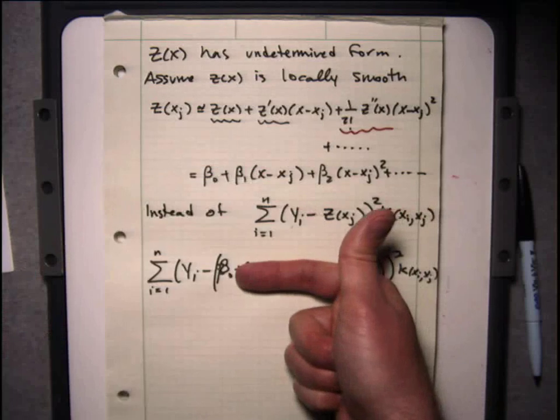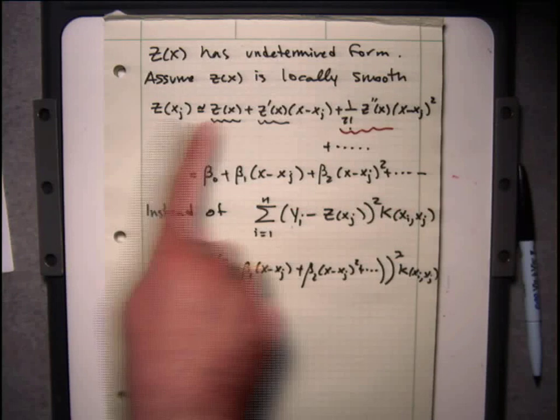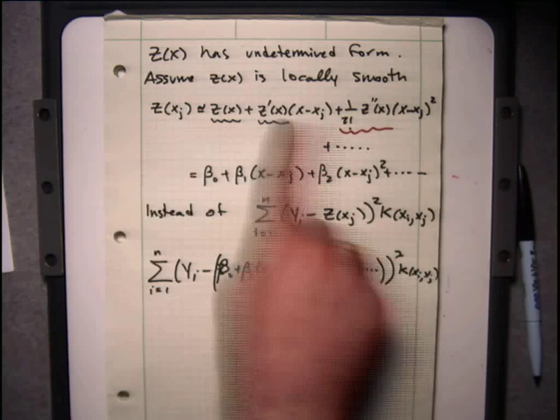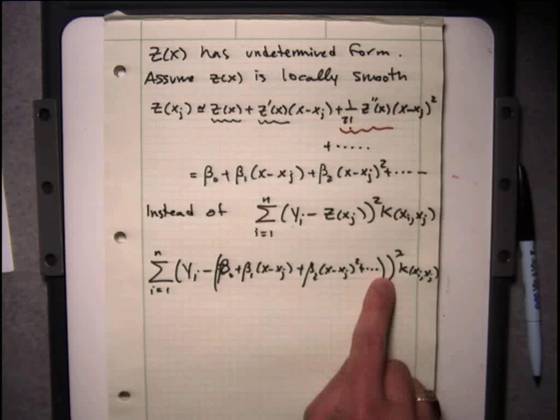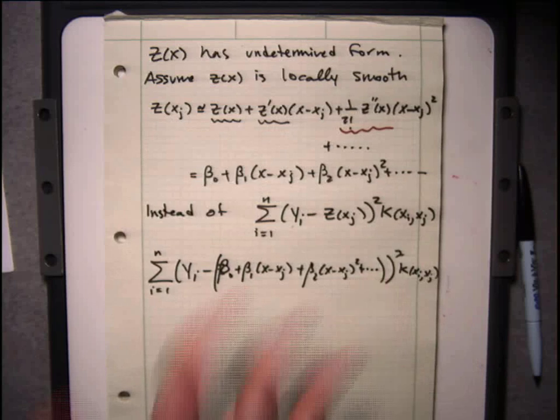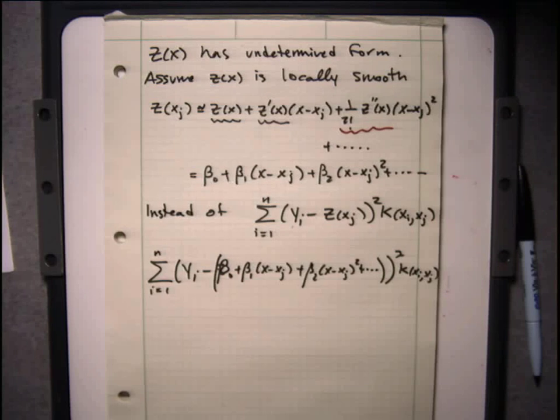However, what I've done now is I've said that the function is locally like something that has some additional detail in it, as opposed to just being a constant. So what that does now is it allows me to fit a whole bunch of other coefficients. Okay? And remember, this is still a local least squares problem. In other words, if I move to another window, another position where I'm interested in, I'm going to estimate these coefficients all over again.